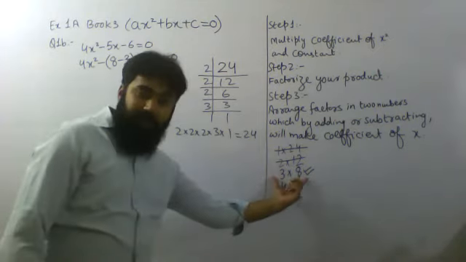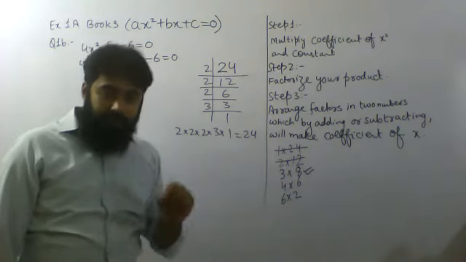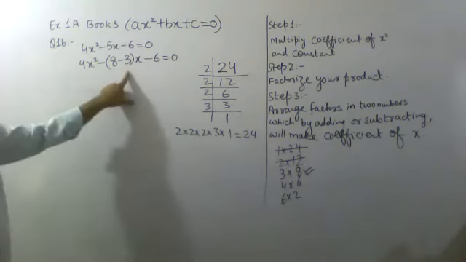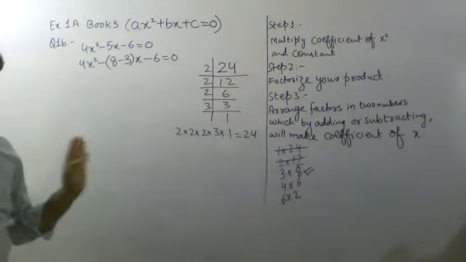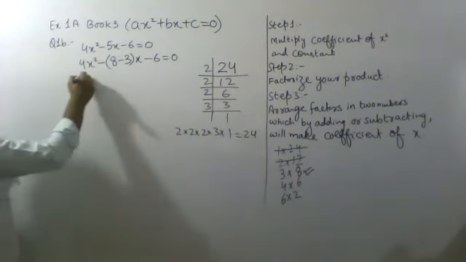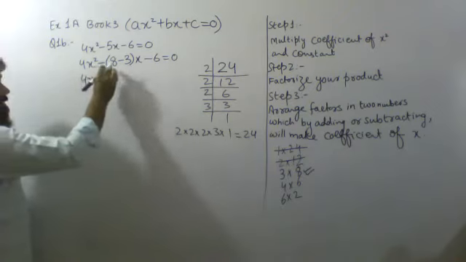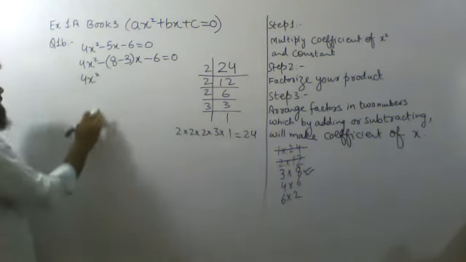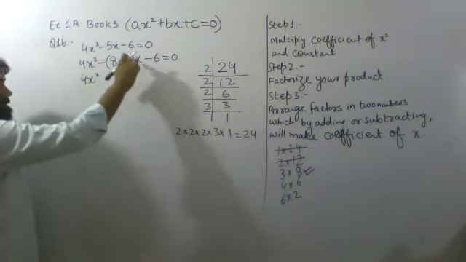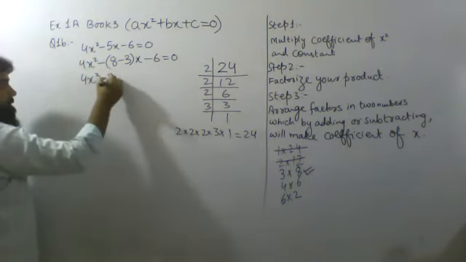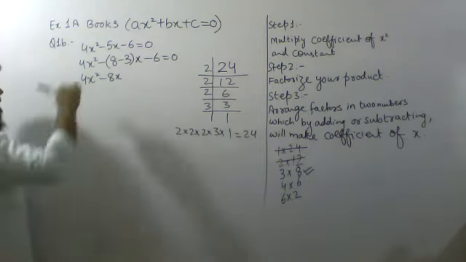How will I get 5 when I subtract 3 from 8? So I've written 8 minus 3, but don't simplify it, just leave it like this. What will be the next step? Without simplifying it, expand it. Minus 8 multiplied by x will be minus 8x.